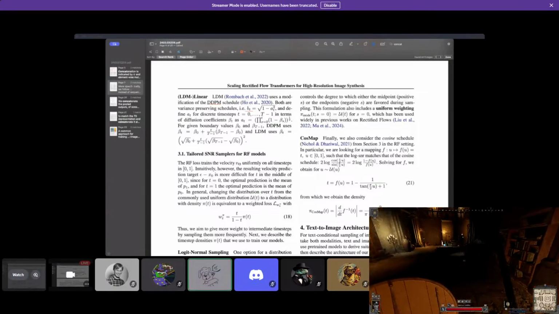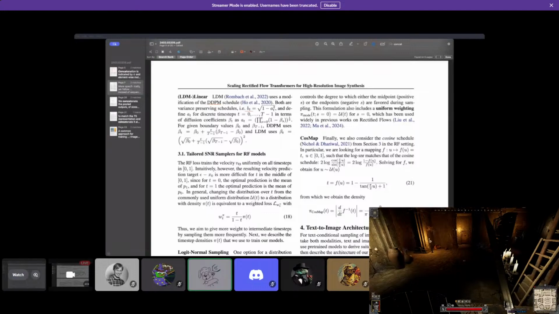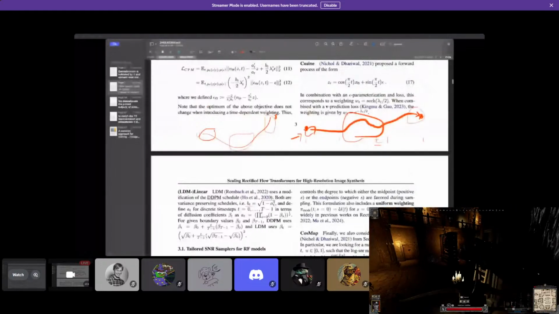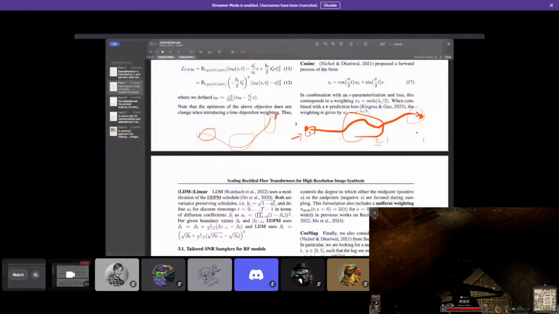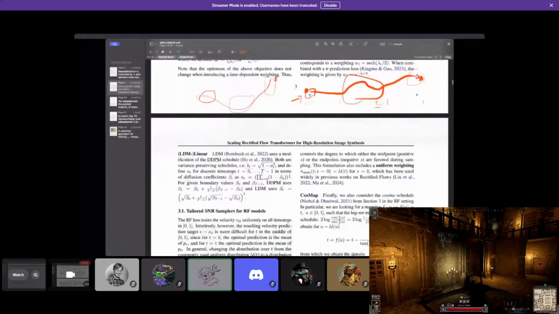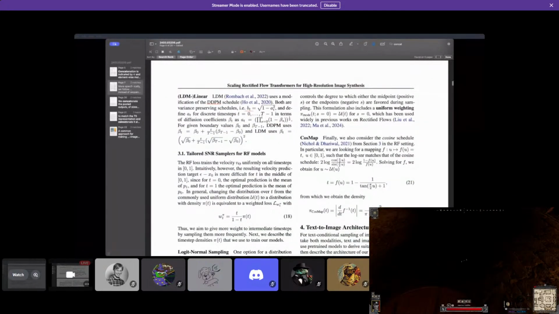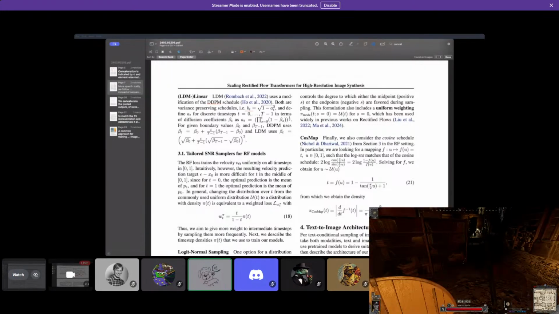They have these schedules of how they trade off image and noise. So that's how do you even construct these paths, and that's a different question. Those are the two types of sampling.